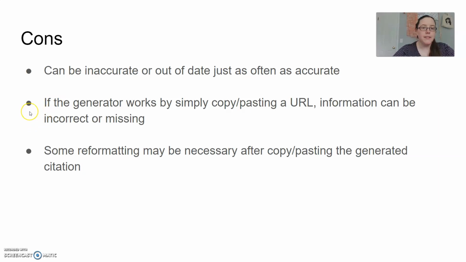If the generator works by simply copying and pasting a URL or grabbing information, the situation with the URL is that when you copy and paste that link, I'm guessing, and I'm definitely not a website expert, what's happening behind the scenes in that citation generator is it's taking its little bots and they're scanning the page of the URL that you copied, and they're finding information on what's the title, who's the publisher, when was it published, things like that.